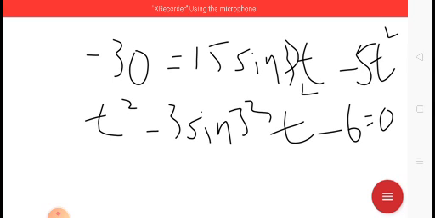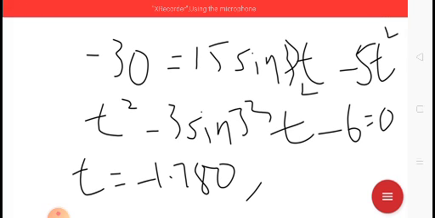When you proceed, as usual, you have to show how you get t. In the exam you have no choice: it cannot be factorized, so use the quadratic formula. You can use the calculator to check the answer, but you must show the working. By doing this you get t equal to negative 1.780 and t equal to 3.37.